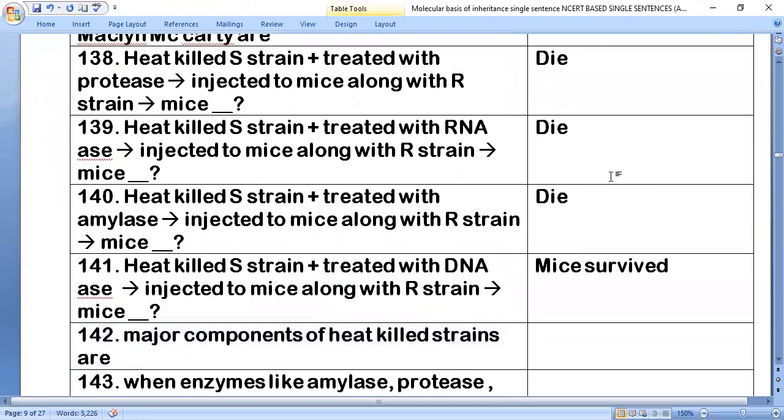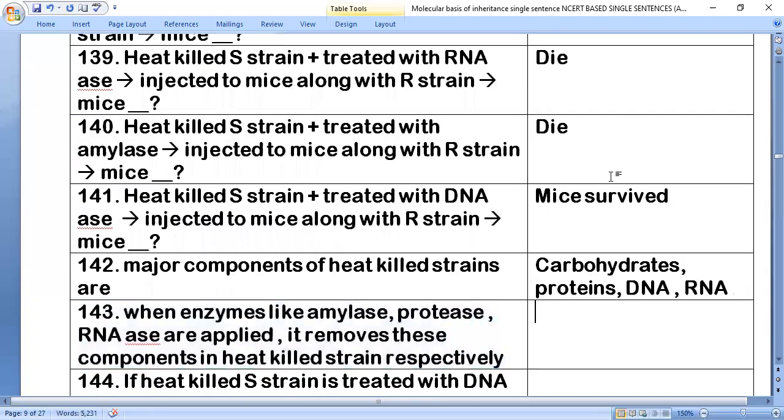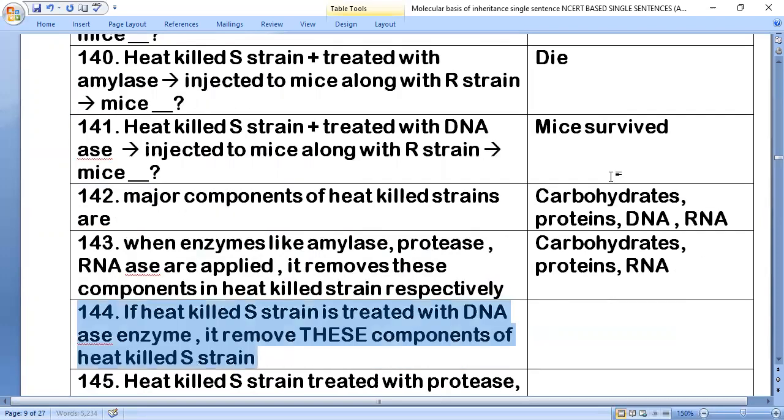Major components of heat killed strain are carbohydrates, proteins, DNA, and RNA. When enzymes like amylase, protease, and RNase are applied, they remove carbohydrates, proteins, and RNA respectively. If heat killed strain is treated with DNase enzyme, it removes DNA.